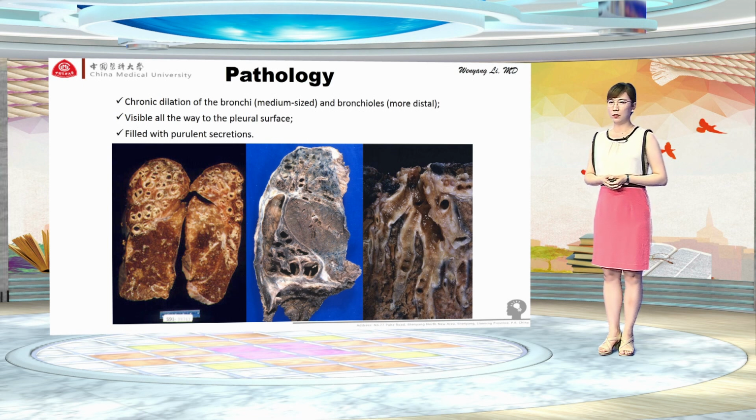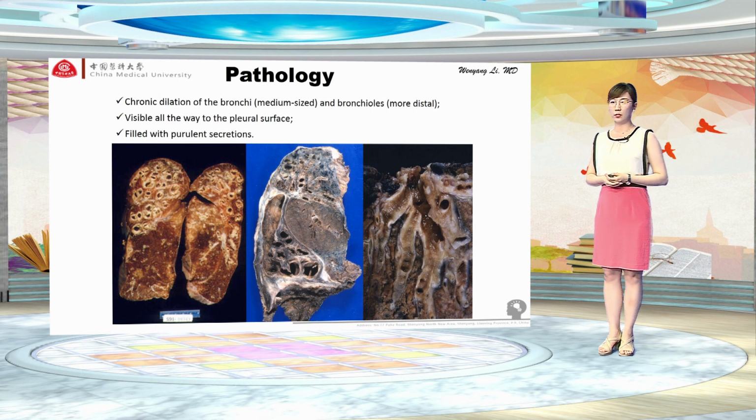Regarding the pathology, as you can see from these pictures, bronchiectasis demonstrates significant small airway wall inflammation and larger airway wall destruction, as well as airway dilation, with loss of elastin, smooth muscles, and cartilage.